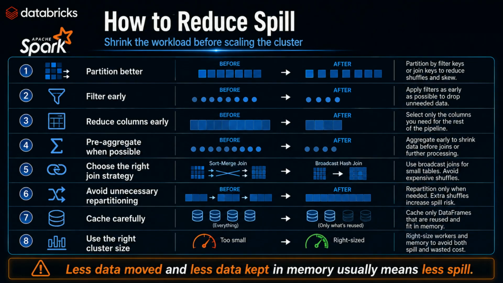Fifth, choose the right join strategy. Broadcast small tables when appropriate and avoid unnecessary shuffle joins. Sixth, avoid unnecessary repartitioning, because extra repartitioning can create extra shuffle and spill risk. Seventh, cache carefully. Cache only data that is reused and fits in memory. Finally, use the right cluster size. Less data moved and less data kept in memory usually means less spill.